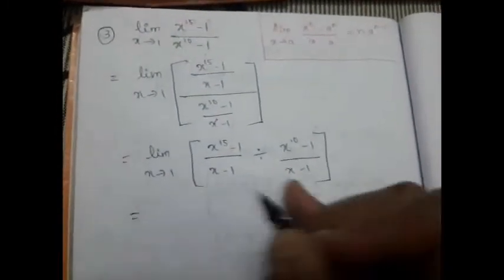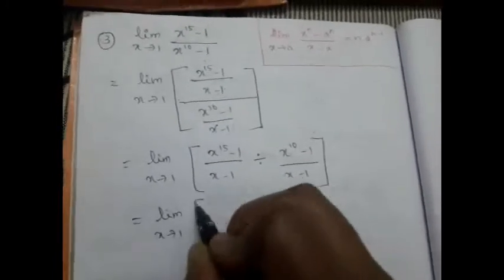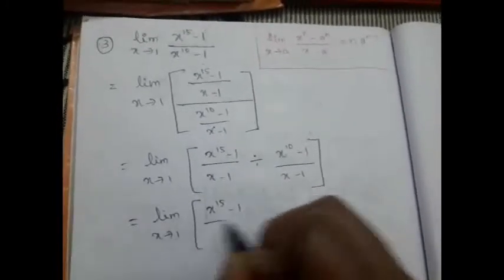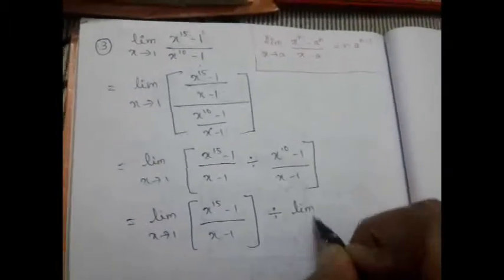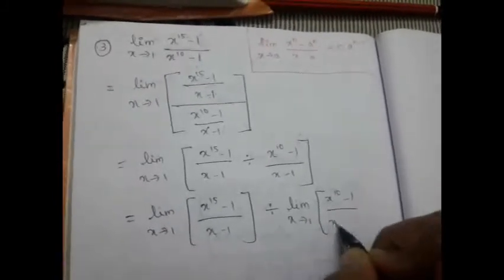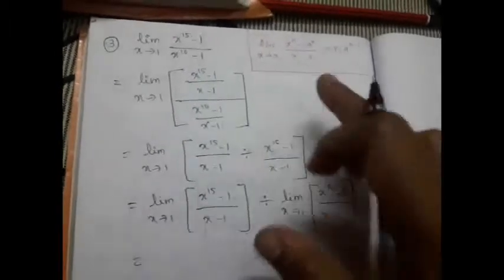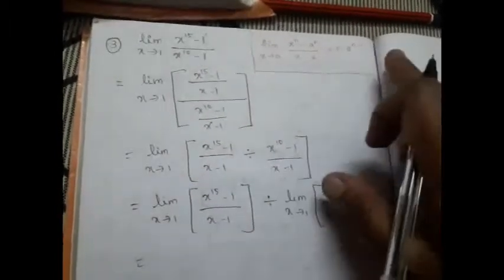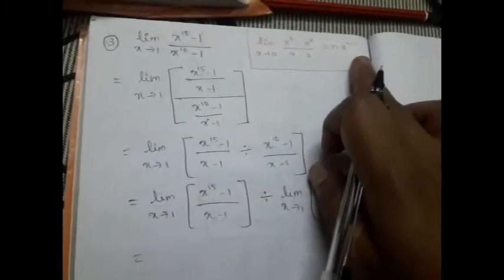Now you can apply the limits separately. So this will become limit x tends to 1, x power 15 minus 1 divided by x minus 1, divided by limit x tends to 1, x power 10 minus 1 divided by x minus 1. Now it is of the form limit x tends to a, x power n minus a power n divided by x minus a, which is equal to n into a power n minus 1. Now what is our n? 15.